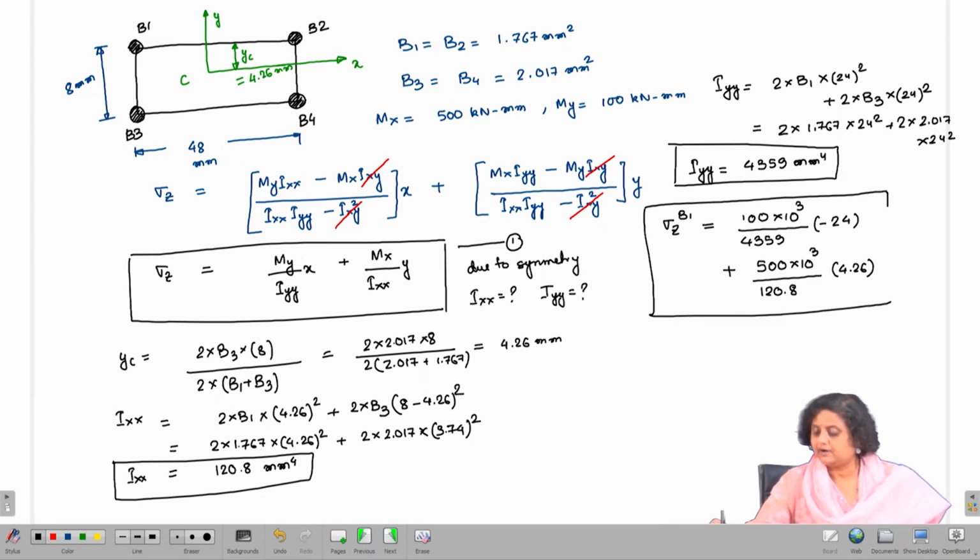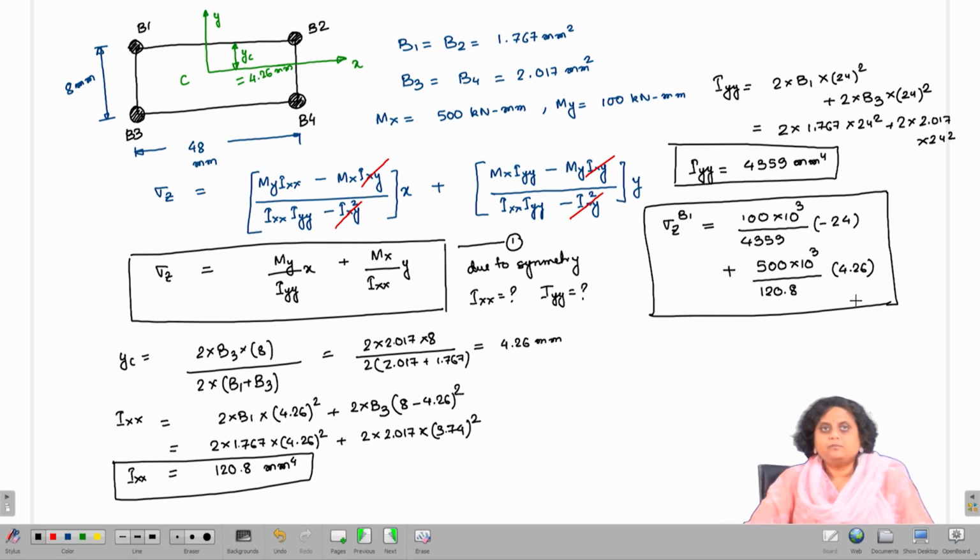So, we can find out the direct stress or normal stress sigma z. Z is the lengthwise axis, using the concept of skin. This is of course, as we have discussed in detail earlier, just an approximation of the actual stress at B1, but a reasonable approximation.